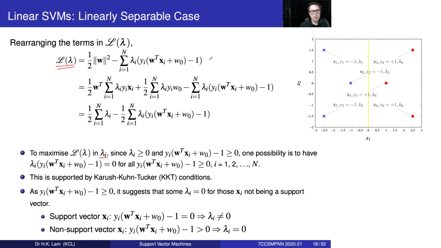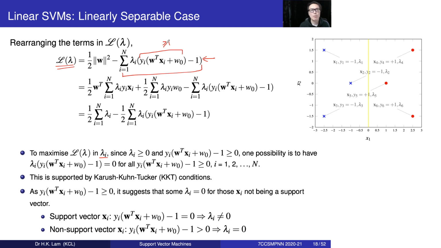If we look at this bit, W does not depend on lambda. That means when we adjust lambda, we can only affect this term. And when you look at this term, it is always greater than or equal to 1, according to what I explained before.